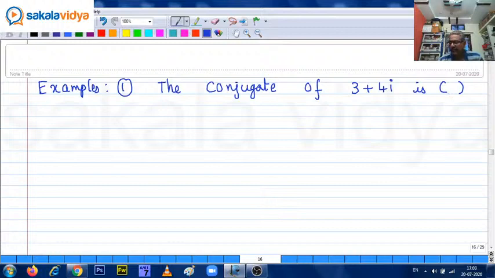What is the conjugate of 3 plus 4i? Anybody? What is the answer? You need to chat it now.